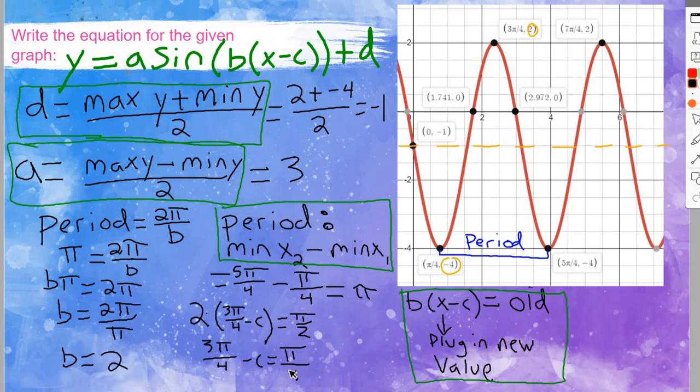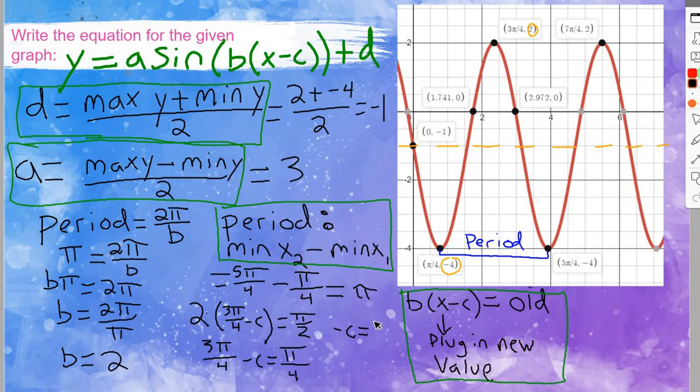So if I have pi over 4, I'm then going to subtract 3 pi over 4. What does that give us? If I have 1/4 minus 3/4, negative pi over 2. Yeah, we'd have negative 2/4, which is also just negative 1/2.